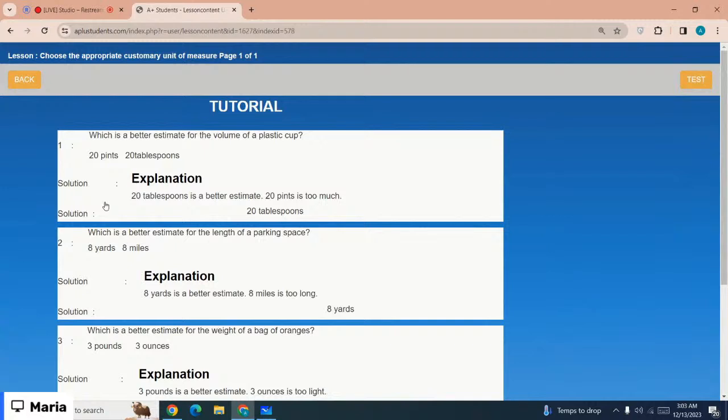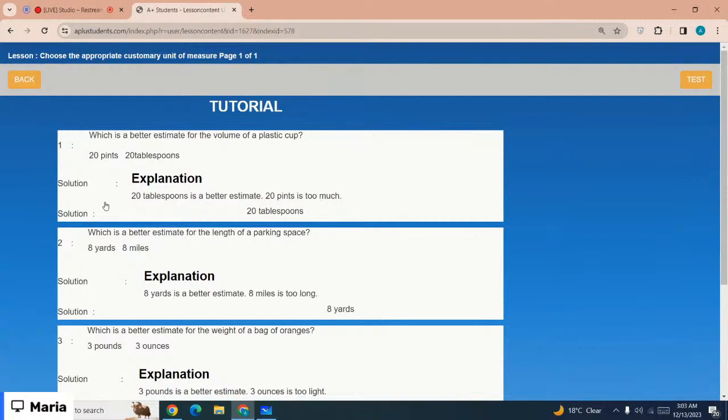The correct option is 20 tablespoons, because 20 pints is too much for a cup. Pint is a greater unit and tablespoon is a smaller unit. You need to understand the difference between the measurements, which is the smaller unit and which is the larger unit.